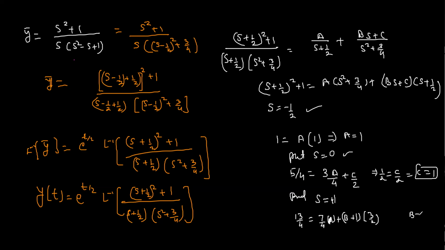B is equal to minus 1. Okay. Understood? So you got A, B, C.